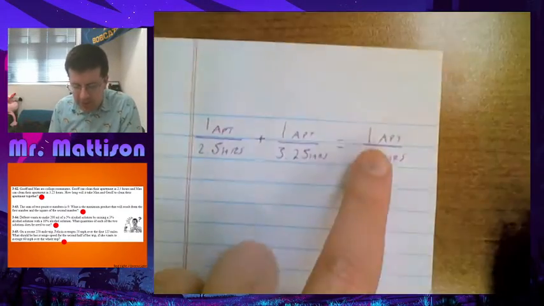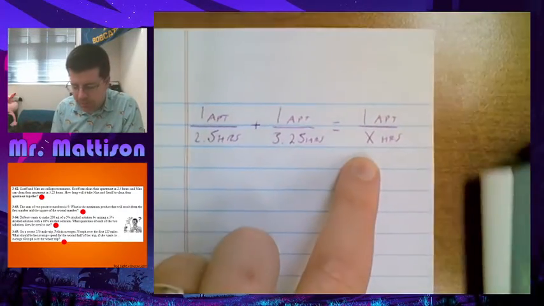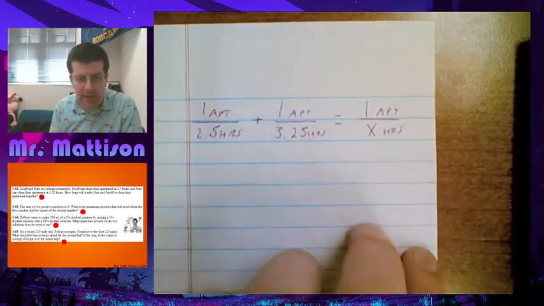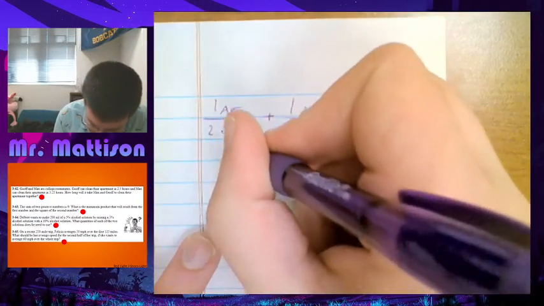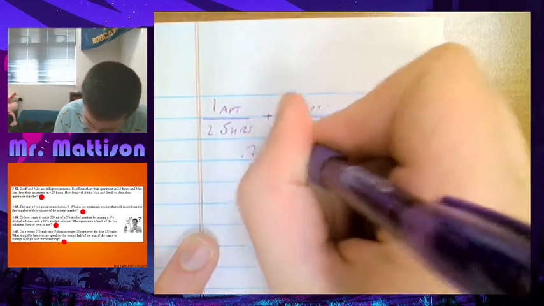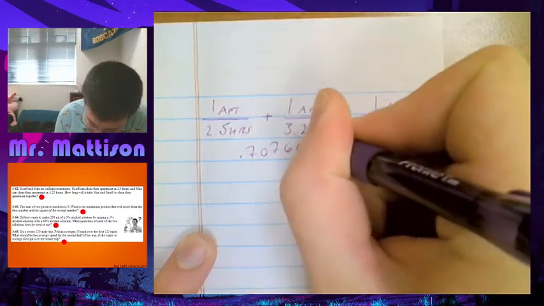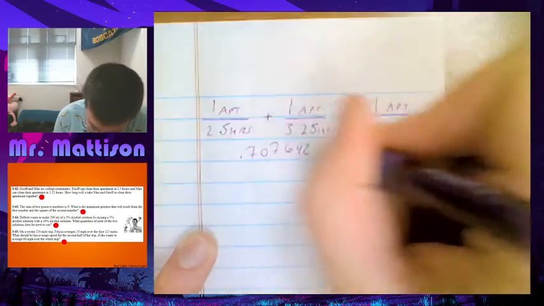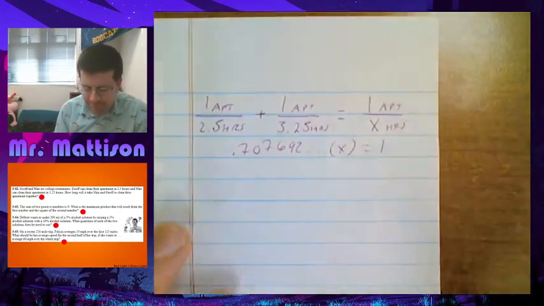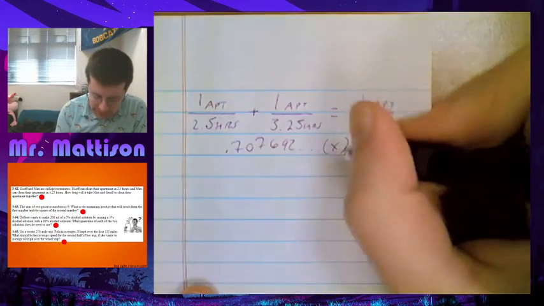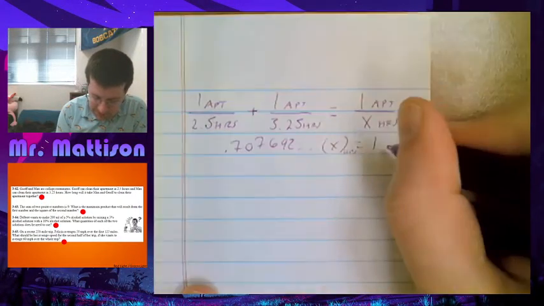That is equal to 1 over x. So I'm going to multiply both sides by x, and I get 0.70769 times x equals 1. And this is x hours, for one apartment.